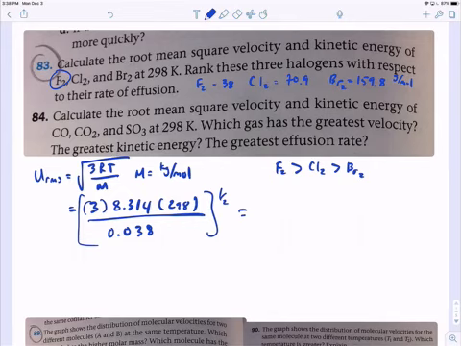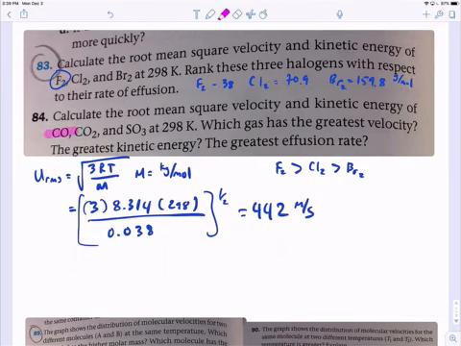Square root of 3 times 8.314 times 298 gives 442 meters per second.